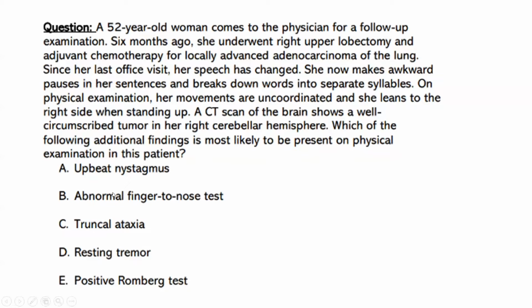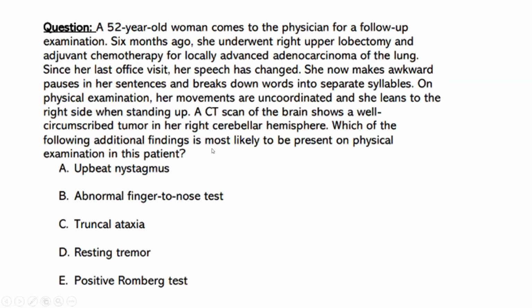The answer to that is going to be... Okay, so you're not going to show an upbeat nystagmus, because since it's in the hemisphere, what you'd most expect is some sort of limb ataxia. So right away you can eliminate almost all of the options here, such as truncal ataxia, resting tremor, and the positive Romberg test, because the resting tremor is not related to the cerebellum, and the Romberg and truncal ataxia are more related to the trunk.